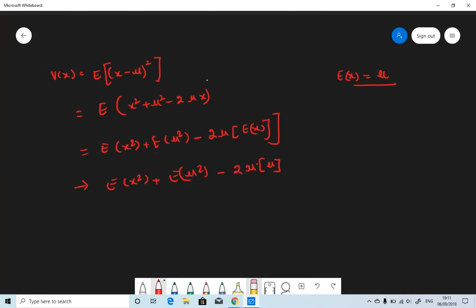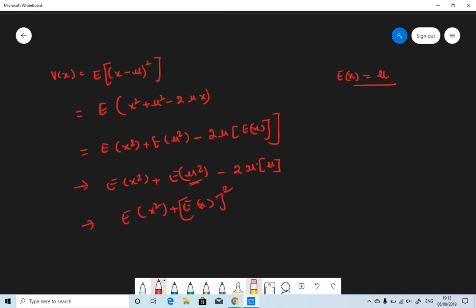Mu is nothing but again the expected value of x.